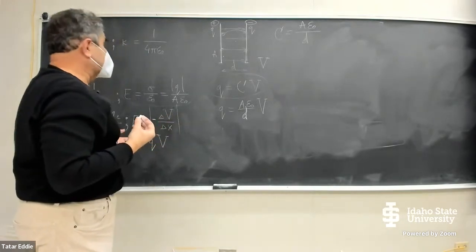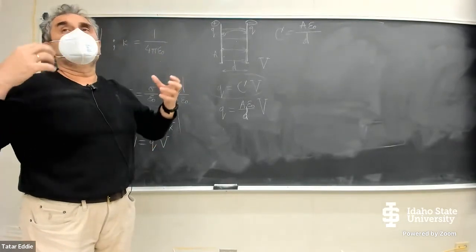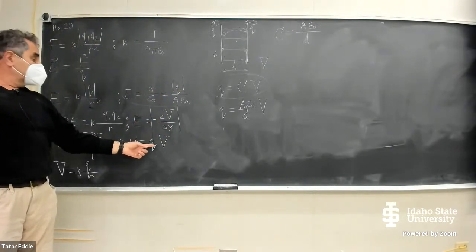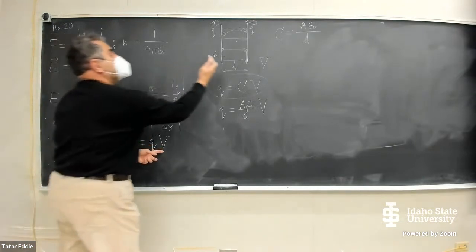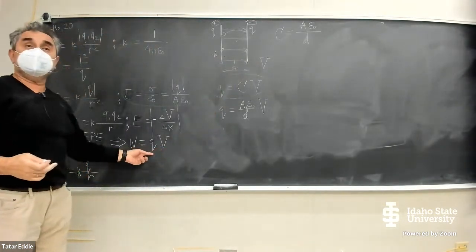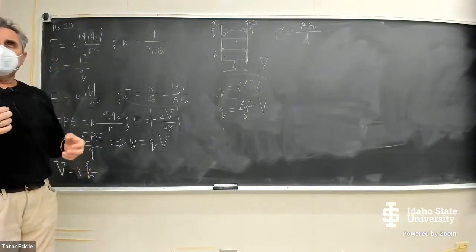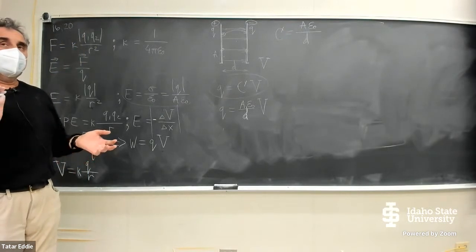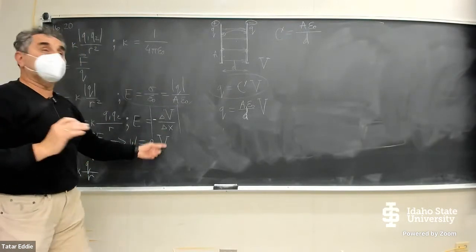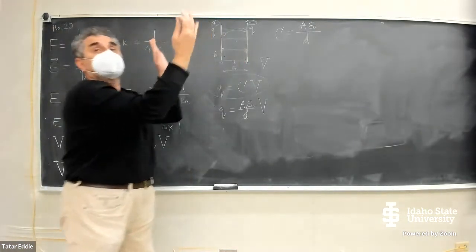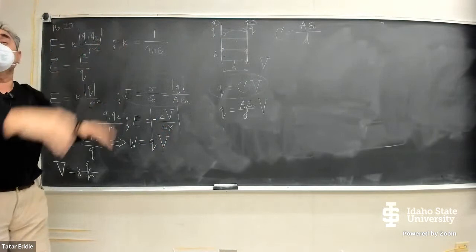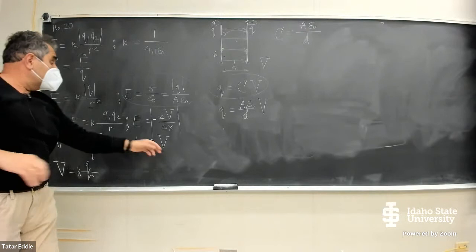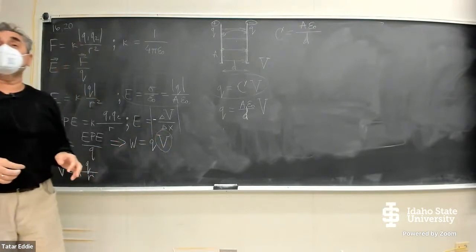So you can say that the amount of work that you do to move charge Q between plates with voltage difference V is this expression. But in your process of charging, you start with voltage difference 0 when the plates are not charged at all, and you reach some final voltage difference V. So if you want to use this formula, you don't know what voltage difference between the plates you have to use.